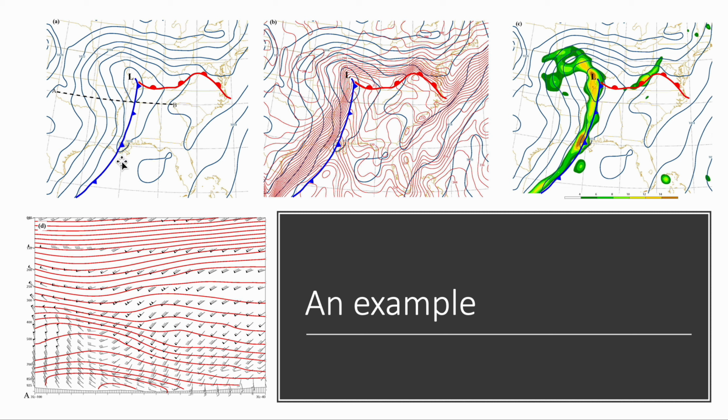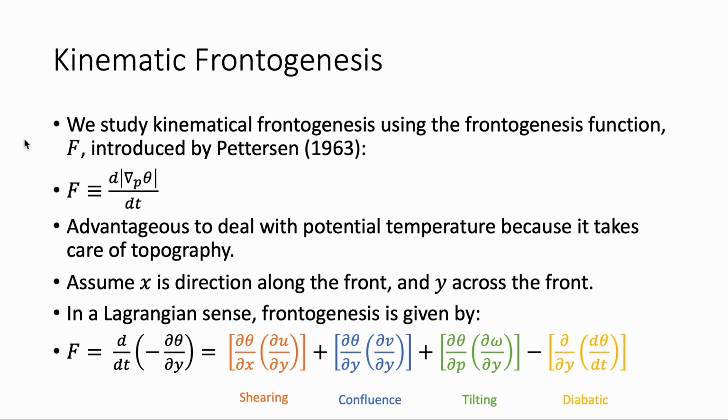The new x direction, instead of being Cartesian x like this and y like this, we rotate by about 70 degrees, 80 degrees. The new x direction here would be along this direction, and the y would be along this direction. And so u will be wind along the front, and v will be wind across the front. So no more zonal and meridional.